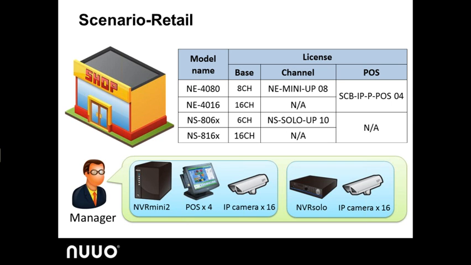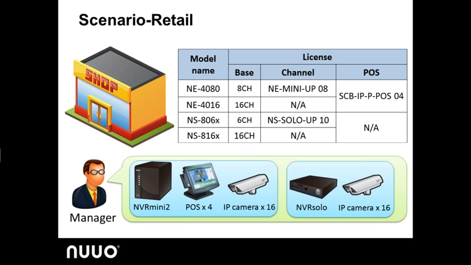But if you select NE4060, you don't need to purchase any additional license, because this model has a 16 channels base license, but it has reached the maximum channel number, so camera license also cannot be activated anymore.